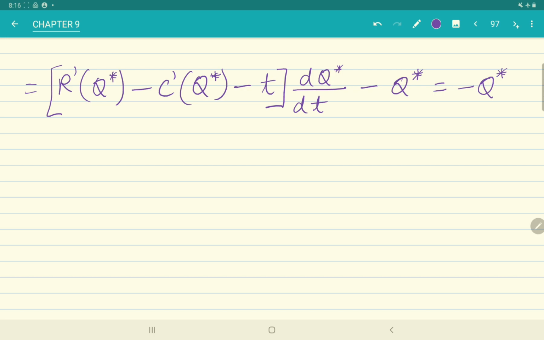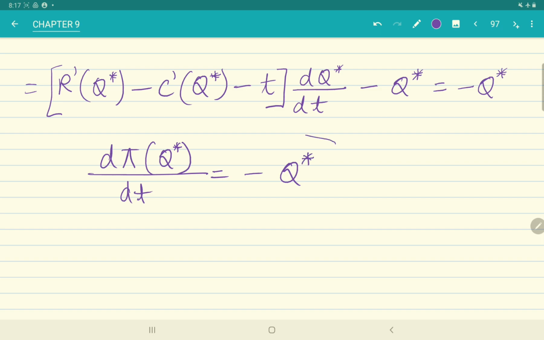Also, what it means is that if we increase the tax rate by 1 unit, the optimal profit is going to decline by q star units. So here we have d pi q star by dt equal to minus q star.